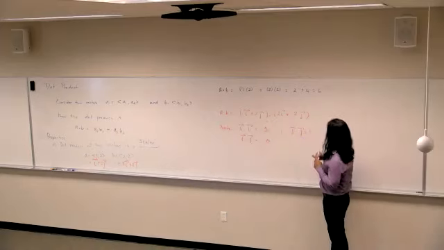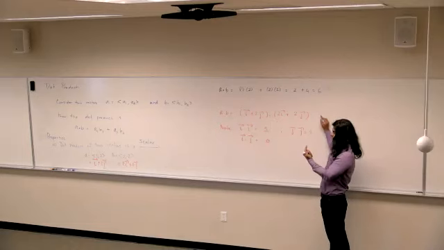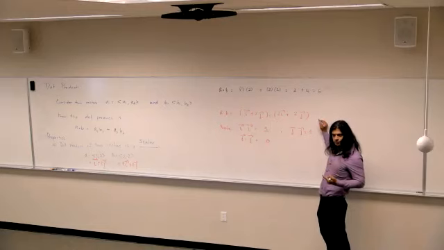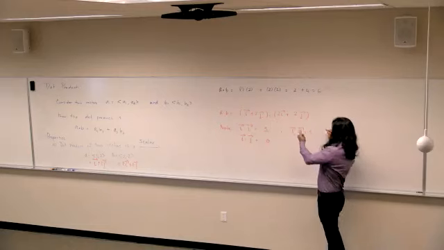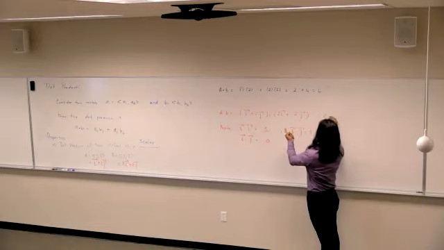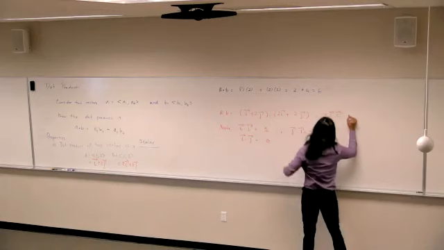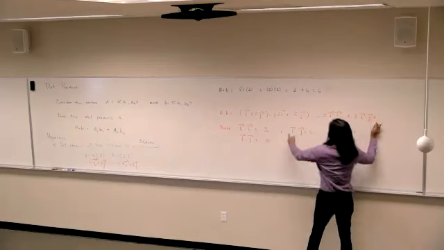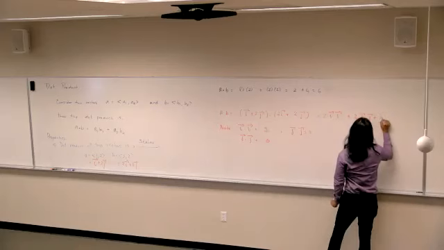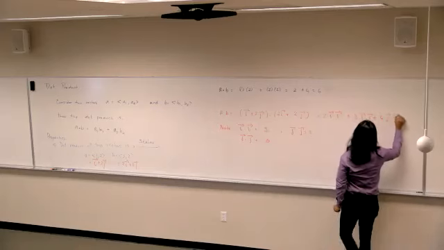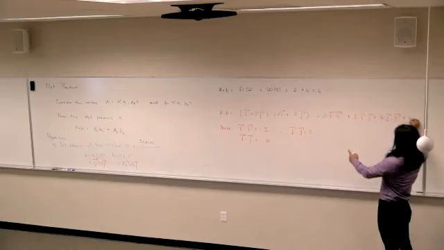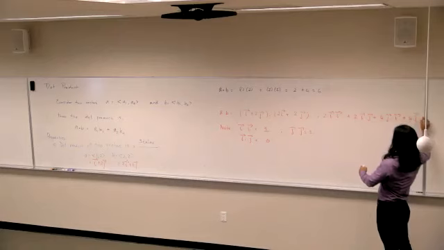If you rewrite that, you're distributing. I mentioned at the beginning of class, whatever you can do with numbers, you can do with vectors. So 2 times i vector times i vector, 2 times i vector times j vector, 4 times j vector times i vector, 4 times j vector times j vector.